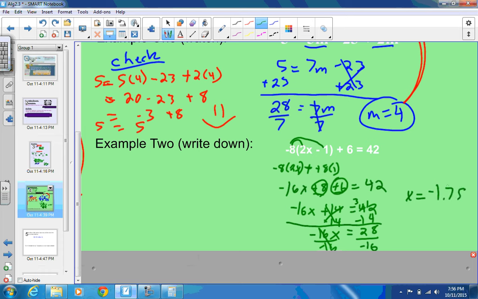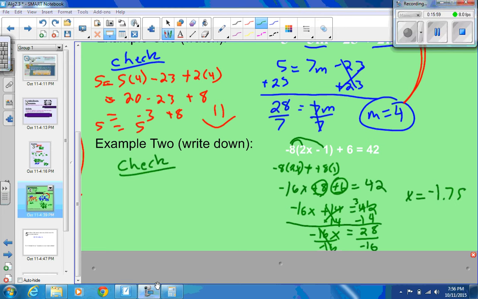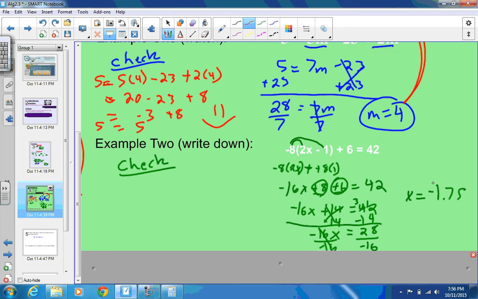Now, how can we check that again? We can check that by plugging it back into our original equation for x. So we'd have negative 8 times 2 times 1.75 minus 1 plus 6 equals 42.